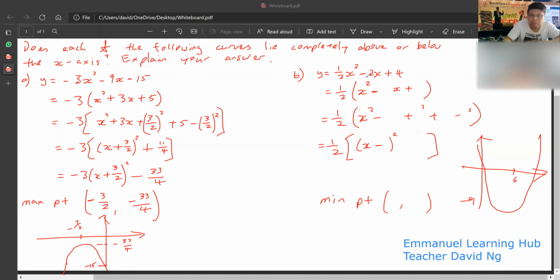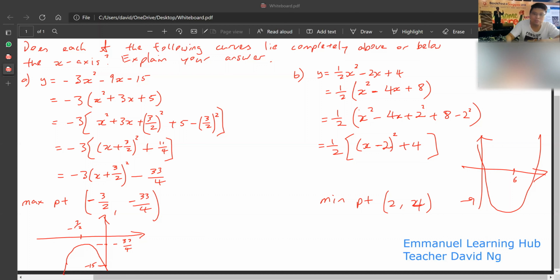I take out half, 4x plus 8. Okay? Yeah. Then after that, minus half the coefficient of x squared. Eight minus 4. Minimum point is 2, 4.